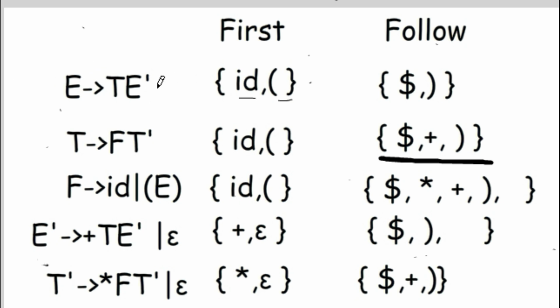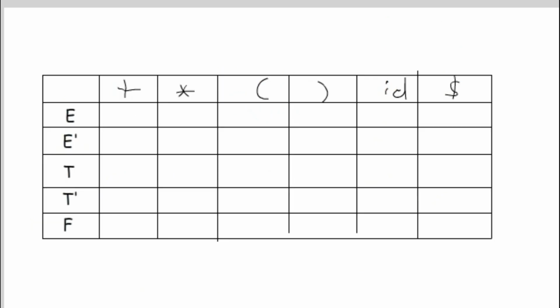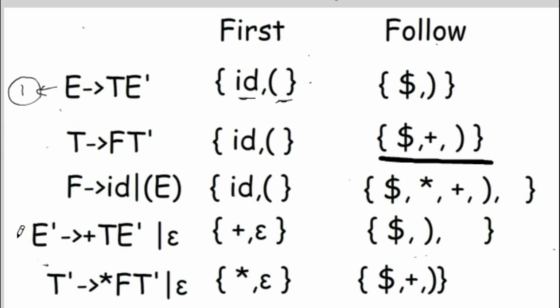We will call this equation 1, and it has ID and open bracket. So we will write 1 in ID and we will write 1 in open bracket like this. Now let us look at E dash. We will call E dash the second equation.